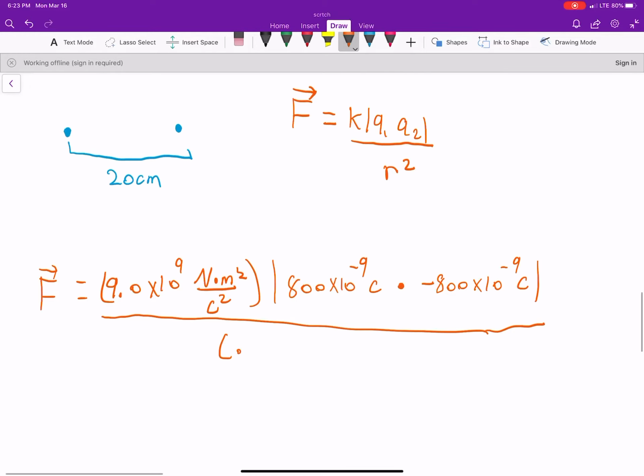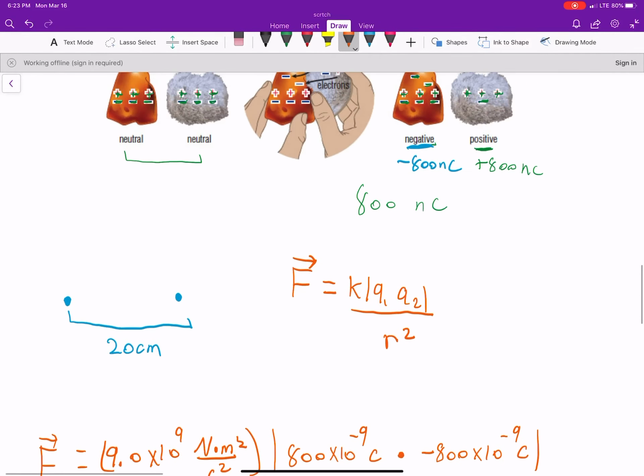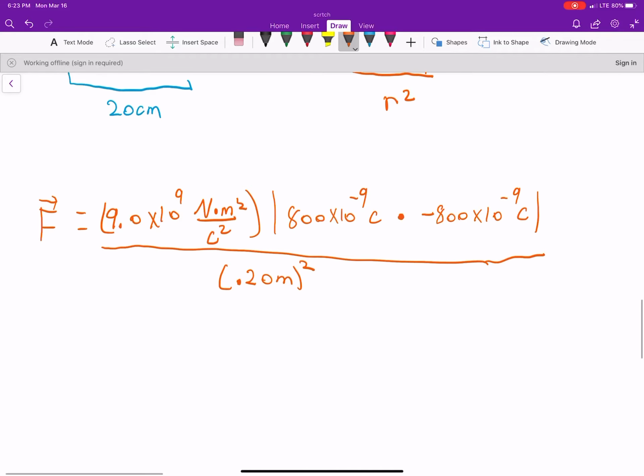So 20 centimeters is 0.20 meters, squared. So we plug all these numbers in, which I've already done, and you should get 0.144 newtons.